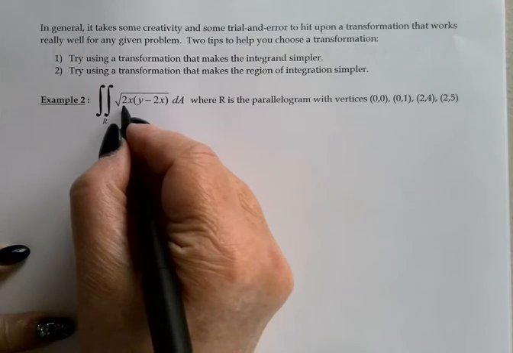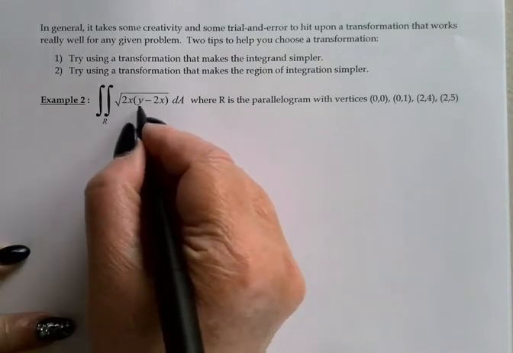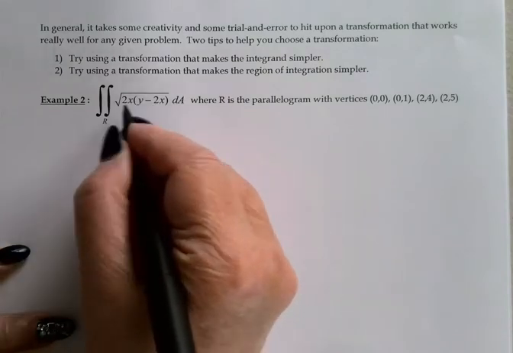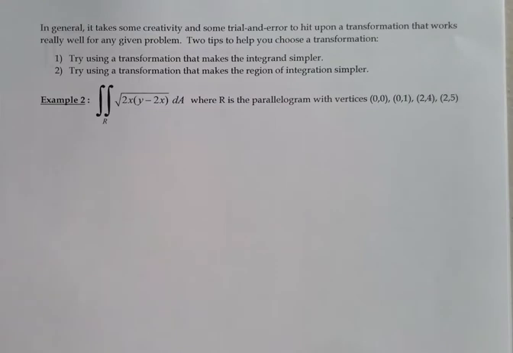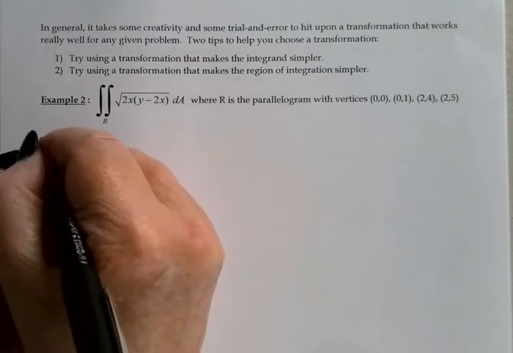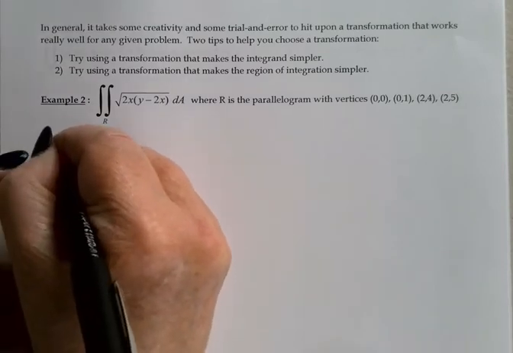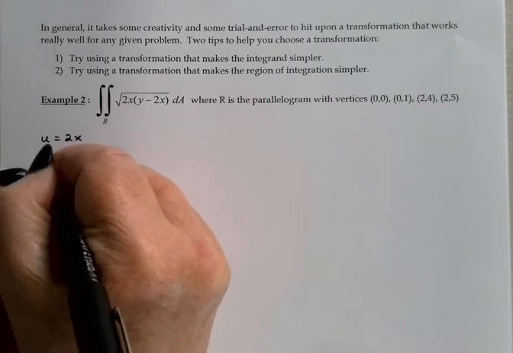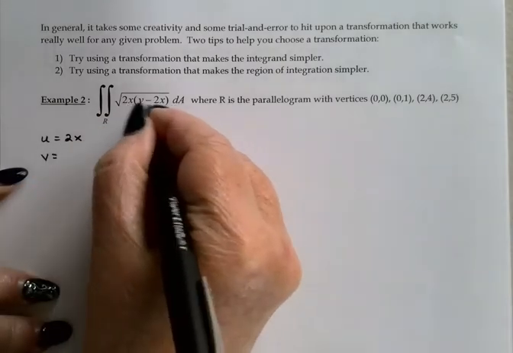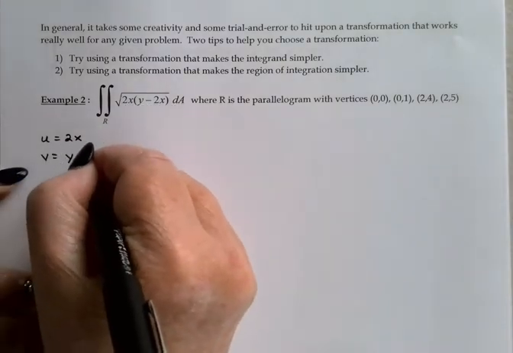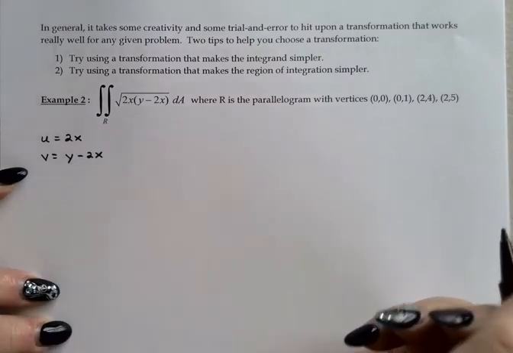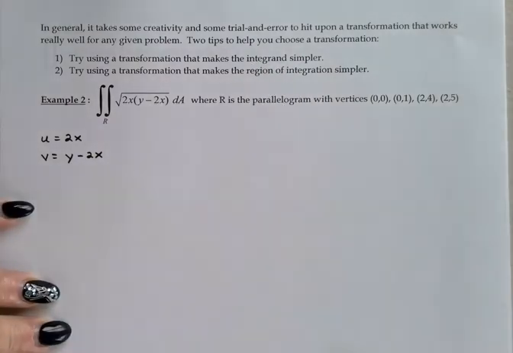If I could make the first factor u and the second factor v, then I'd just have the square root of uv, which is a whole lot easier to integrate than what I have now. So I'm going to try that. I'm going to choose to let u equal 2x, and then I'll let v equal y minus 2x. So making the integrand simpler.